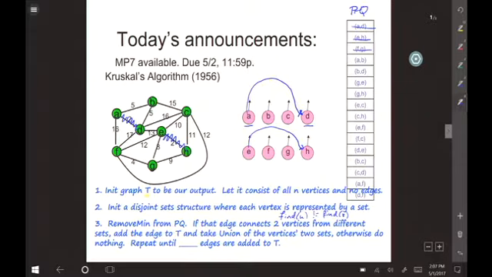F and G are in separate sets, and so we add the edge to the solution and take the union of the two sets. AB. A is in D's set. The representative of A is D. B is in its own set, so they're not in the same set. So AB is added to the structure and the union is taken.